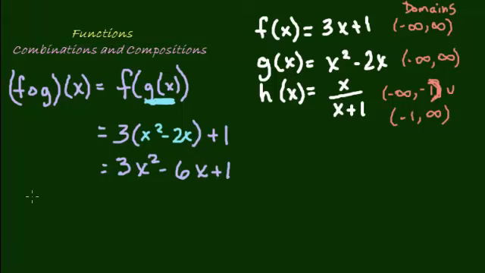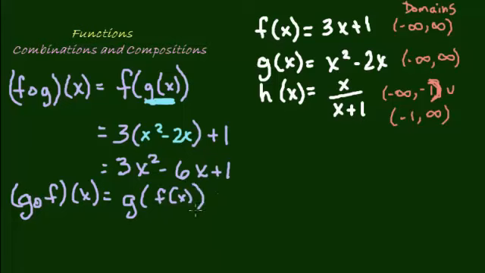Let's look at g composed with f, because there is something very interesting about composition of functions. When I do g composed with f, I need my g function, it's my main function, x squared minus 2 times whatever x is. But in this case, I'm replacing my x with f.